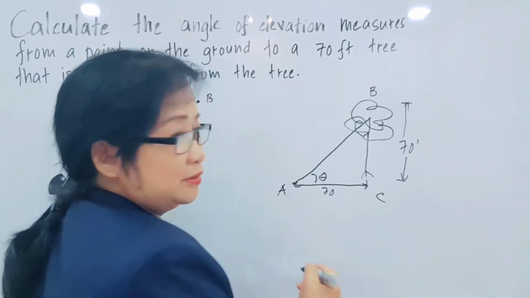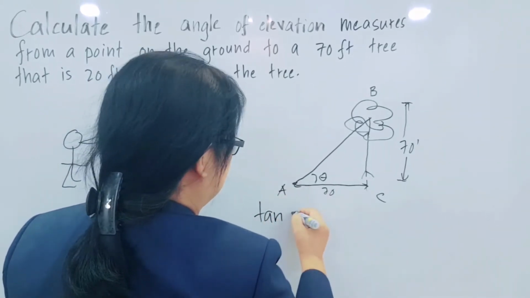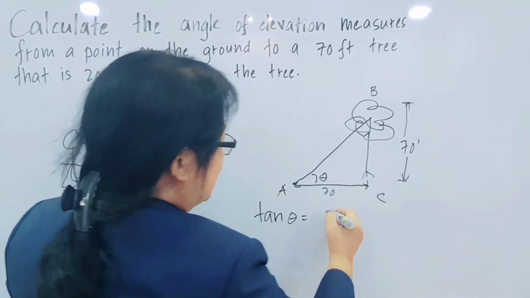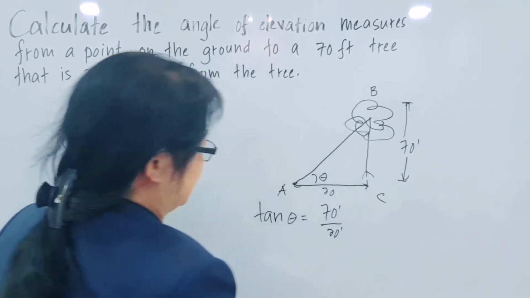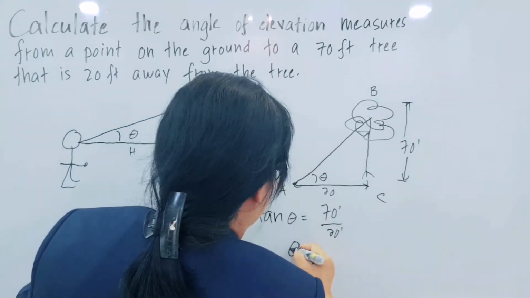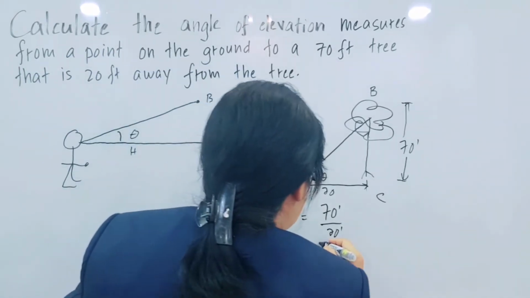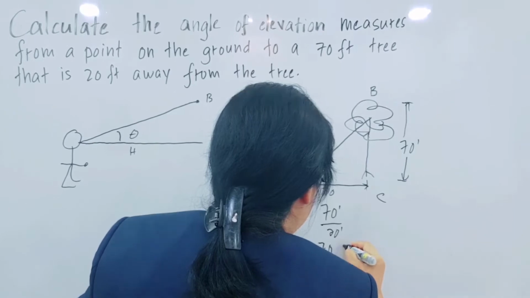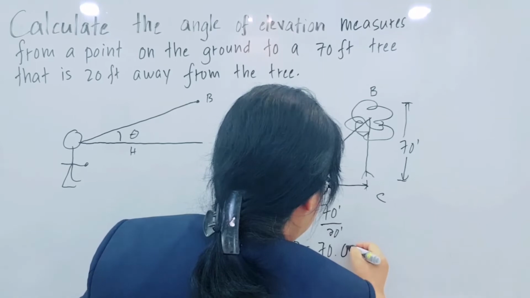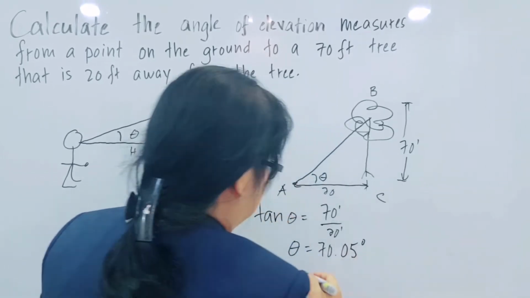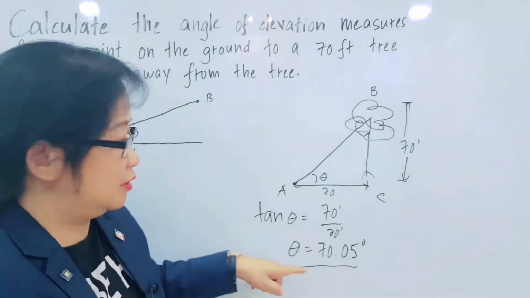So, we can use only the tangent function: tangent of theta is equal to 70 feet over 20 feet. Therefore, theta is equal to 74.05 degrees. This is the angle of elevation we're looking for.